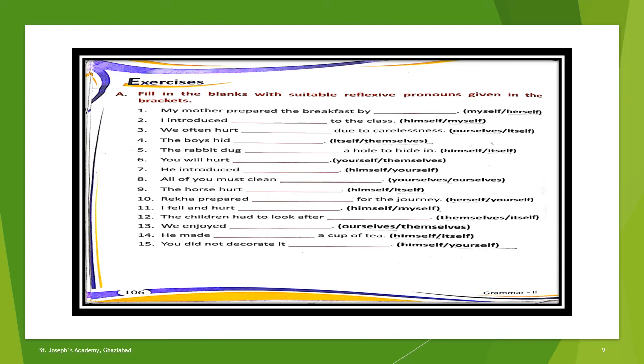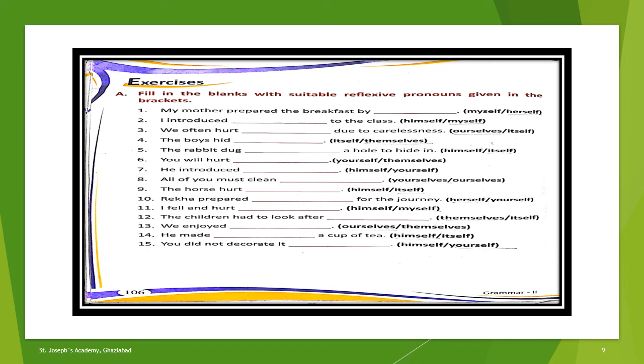The children had to look after dash. When in the subject it is given children, as you know that children is plural. So the answer for it will also be in the plural form, that is themselves. The children had to look after themselves.